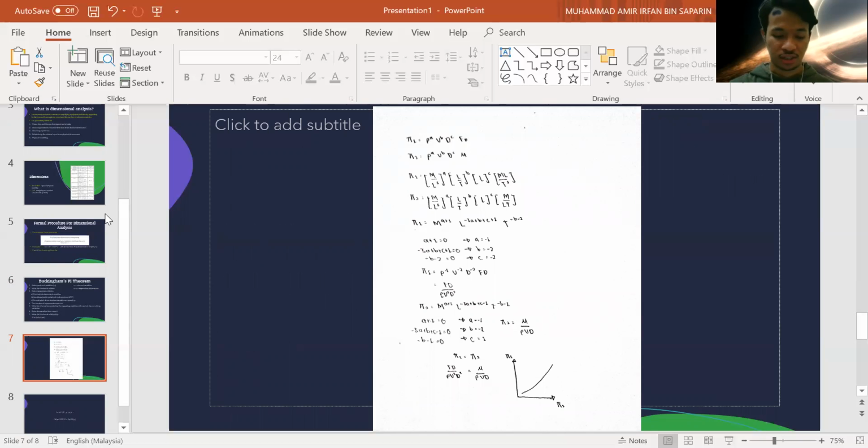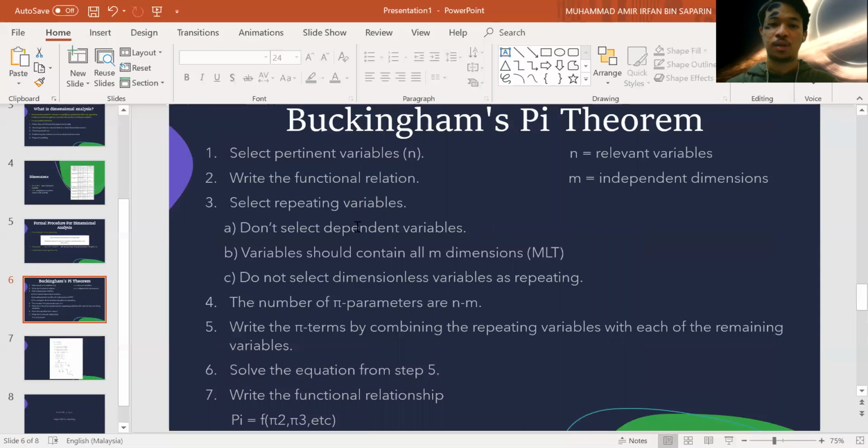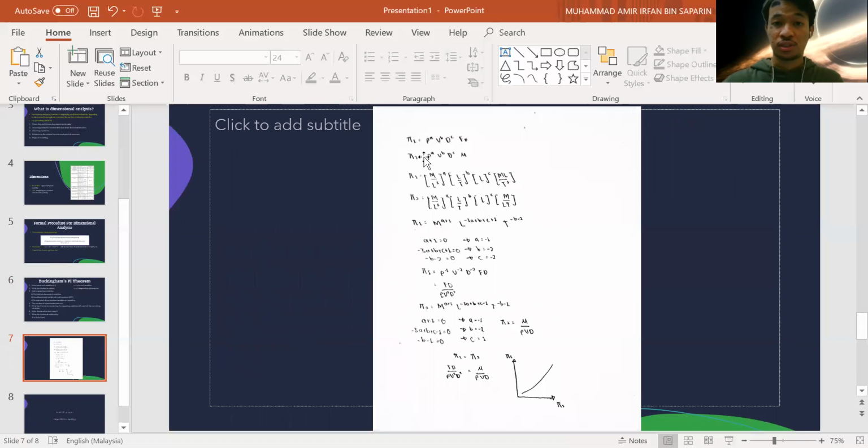So the fifth step is to choose three independent variables. Write the pi term by combining the repeated variables with each of the remaining variables. So I choose density, velocity, and also the diameter. For pi 1, and pi 2 is also the same.